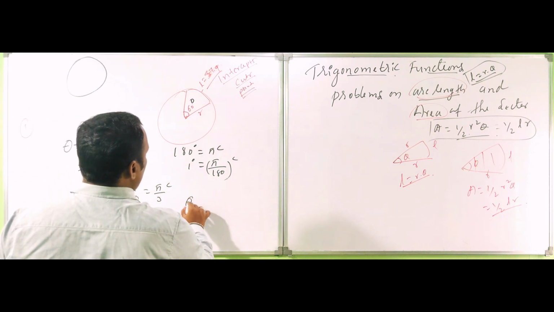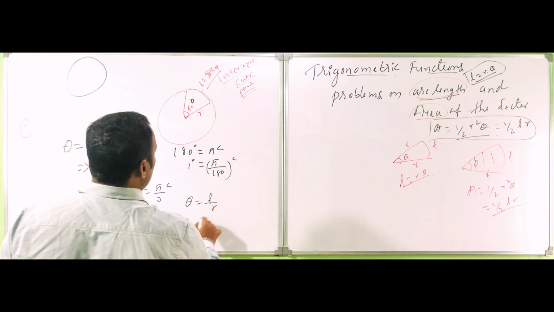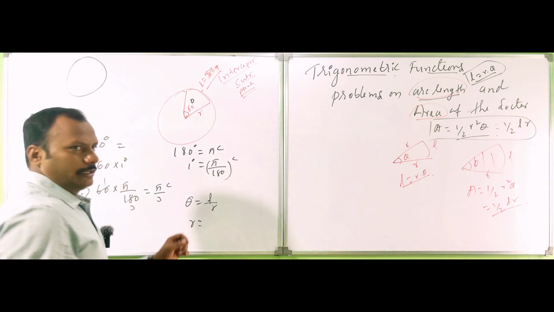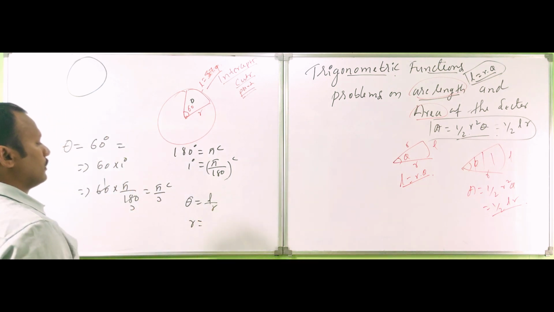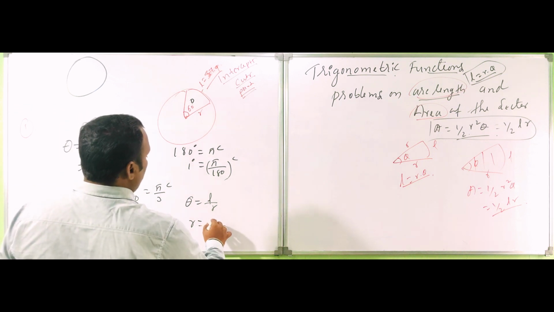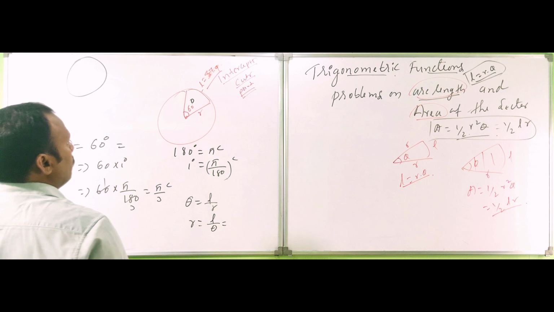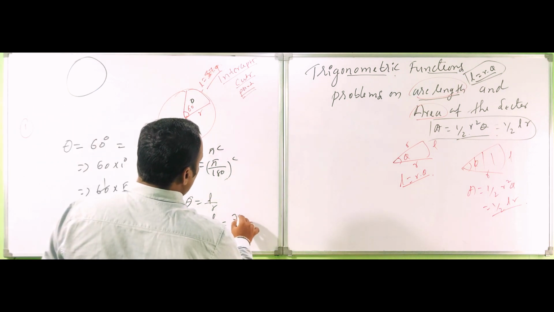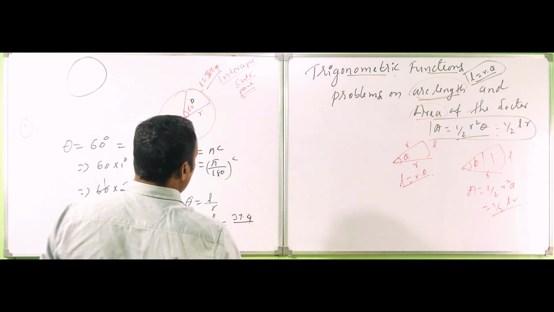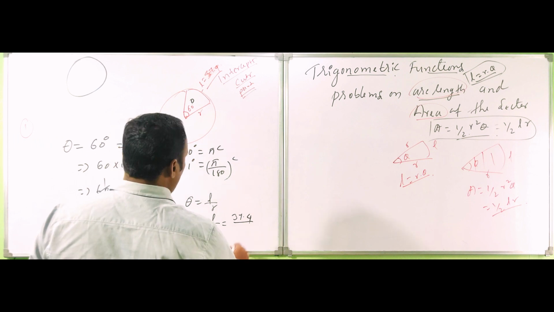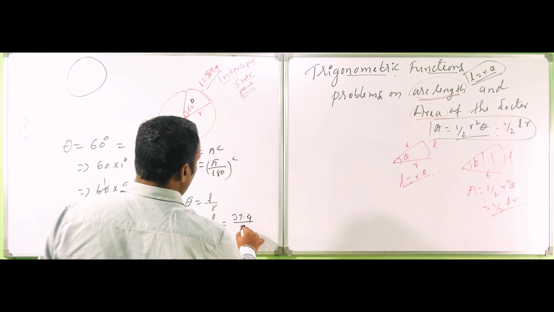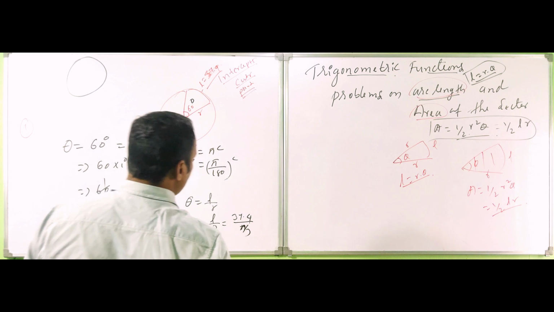What is our formula? Theta is equal to L by R. Then by interchanging, R becomes L over theta. This is equal to 37.4 divided by pi by 3.